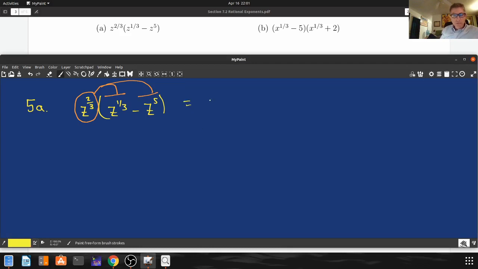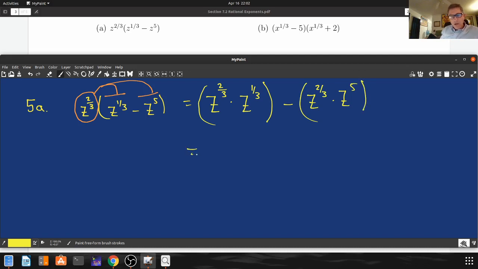So that's equal to z to the 2/3 times z to the 1/3. I'll put those in parentheses. I don't have to. And then I'm going to do minus z to the 2/3 times z to the 5th. And I'll put those factors in parentheses too.